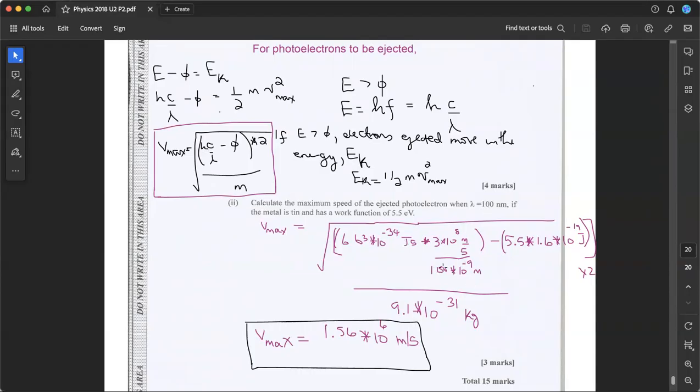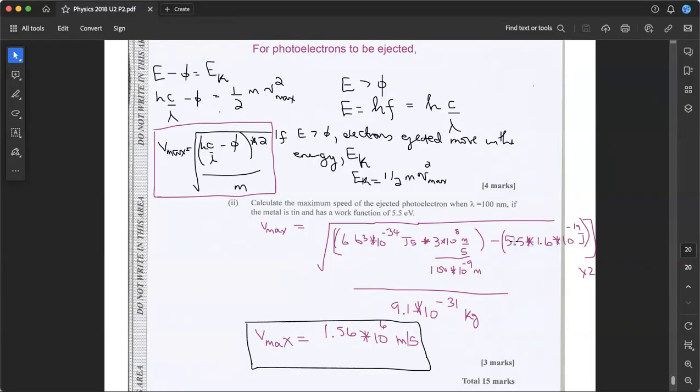We're going to convert that to meters, so that's what we did here. Then we subtract our work function, which is 5.5 electron volts. To keep everything in SI units, we multiply that by 1.6 times 10 to the negative 19, which is the equivalent of 1 electron volt.